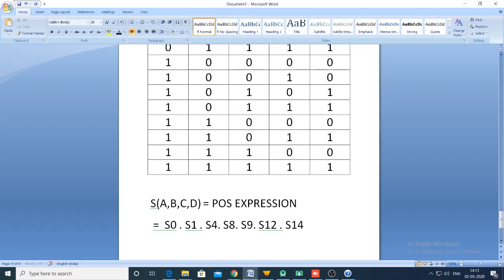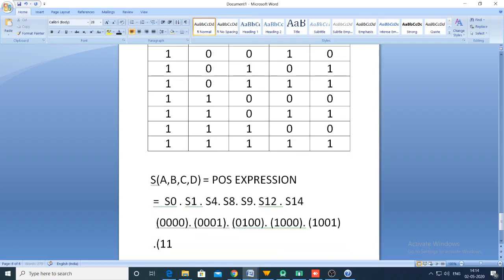Yes, so when you take out the binary combination of each and every state: 0 0 0 0, 0 0 0 1, 0 1 0 0, 1 0 0 0, 1 0 0 1, 1 1 0 0, 1 1 1 0.